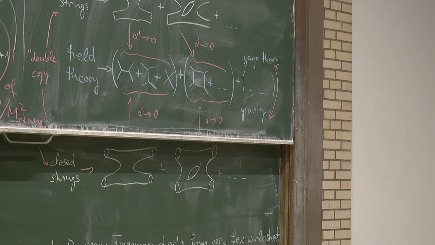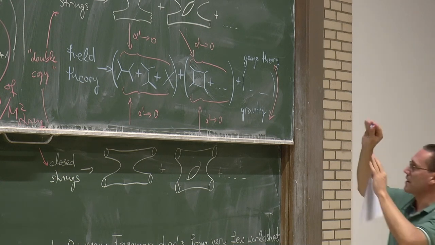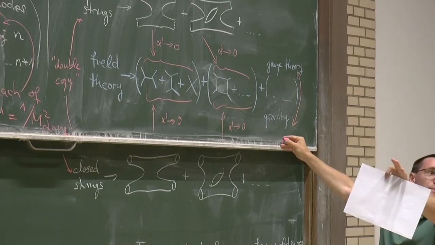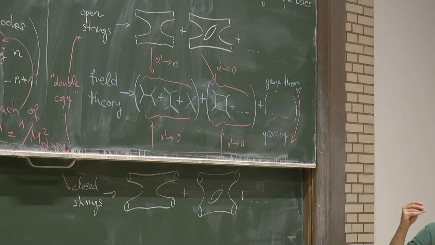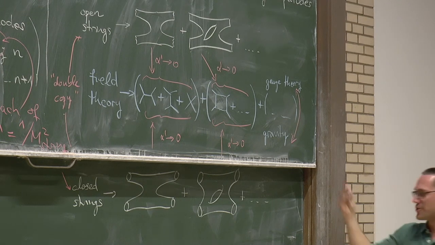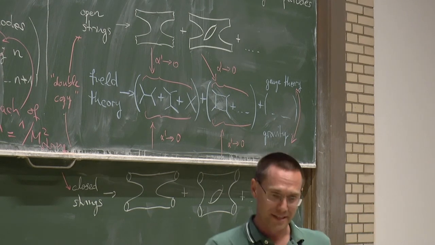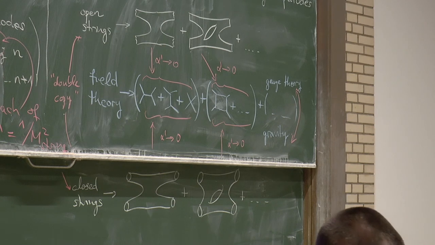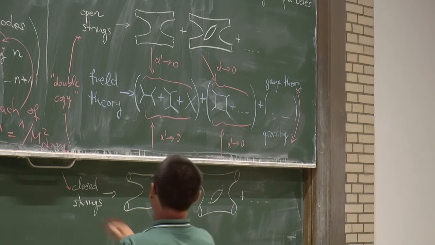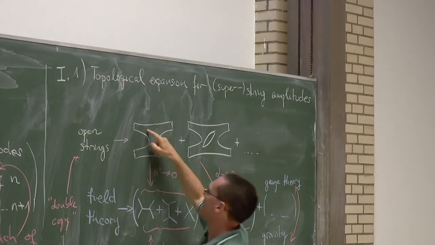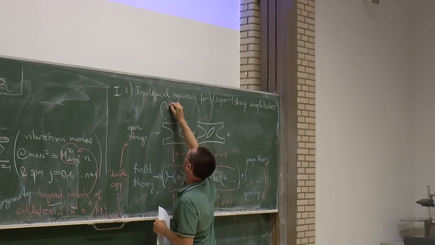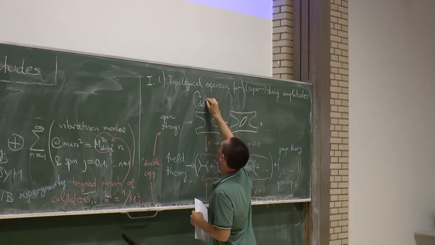Okay, now these cartoons here with the long strips and tubes are useful to give some intuition. But when it comes to doing the math, maybe it's beneficial to trade these infinitely long legs and tubes for something more handy. And here we can make use of the conformal symmetry on the worldsheet to map, for instance, this guy to something simpler.